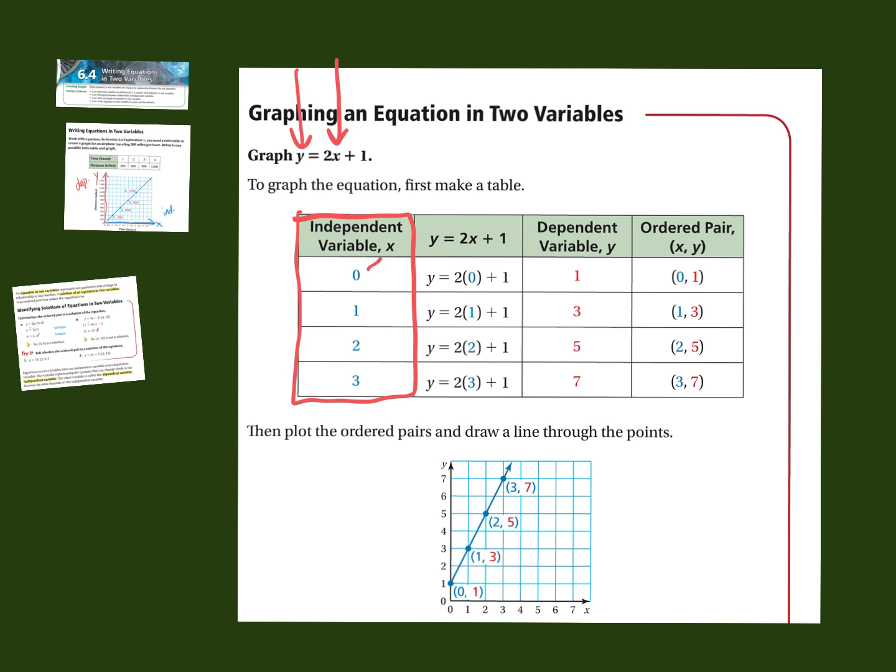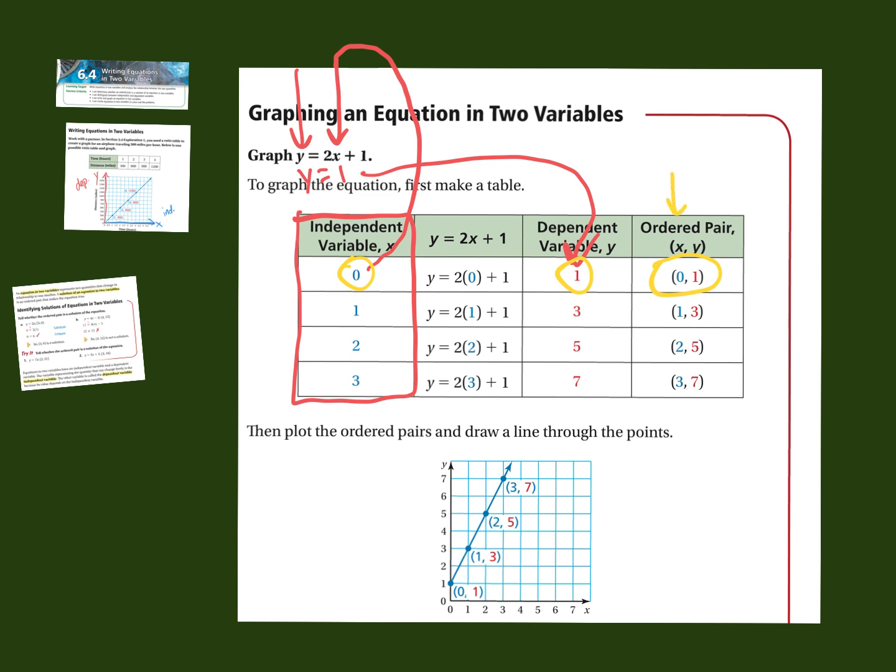Okay, so if I put 0 in for x, and I solve that, 2 times 0 is 0, 0 plus 1 is 1. So it ends up saying y equals 1, which is why you see 1 over here in this column for the dependent variable y. And so these two values, 0 and 1, become my ordered pair (0, 1).